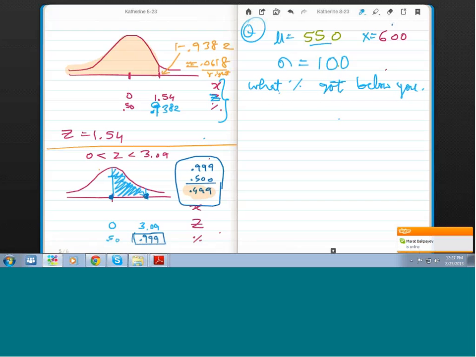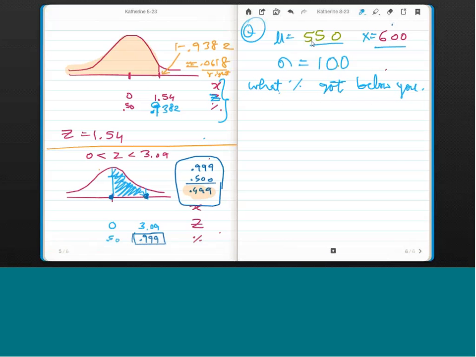Okay, so this is 550 and this is 600. So what percent got below you? Can you do it? Tell me how you do it. So you start off and you draw your little chart, right? Let me just draw the table first. It'll be easier for you. x, z, percent.